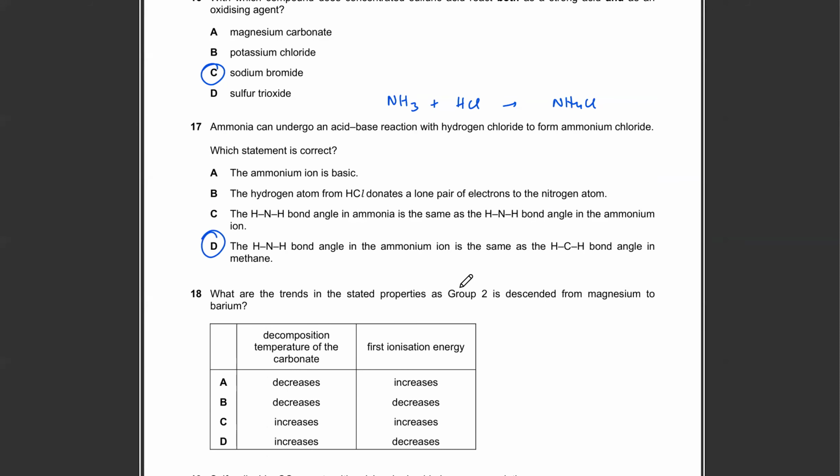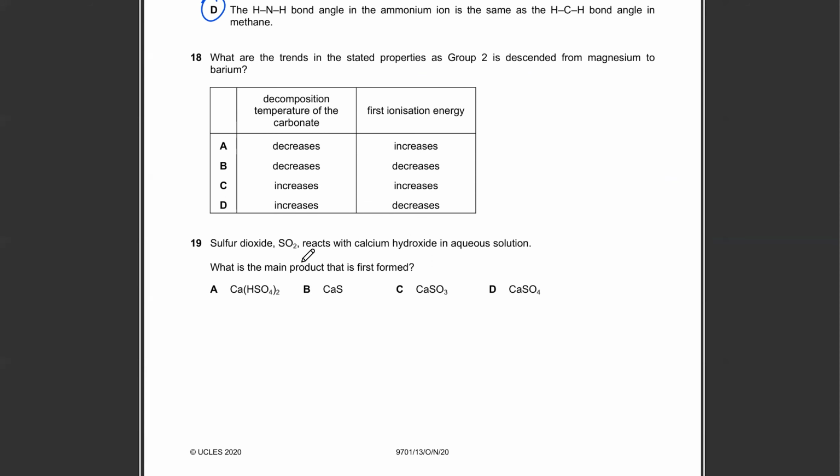What are the trends in the stated properties in group 2 as you descend from magnesium to barium? Decomposition temperature increases, ionization energy decreases. Yeah. Sulfur dioxide reacts with calcium hydroxide in aqueous solution. What is the product that is first formed?